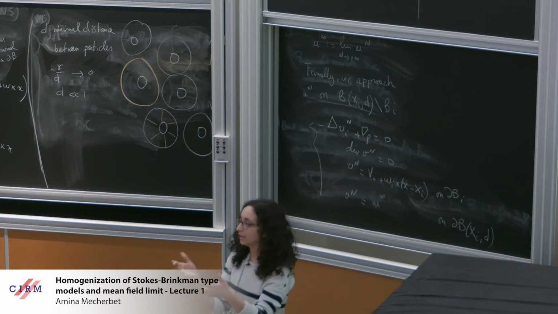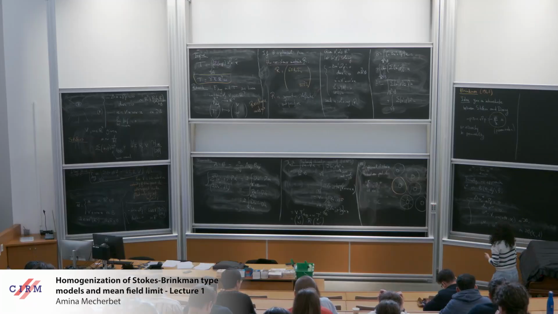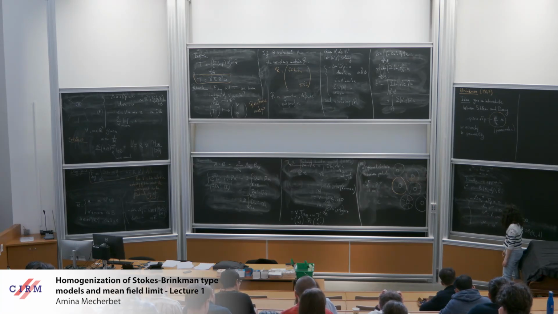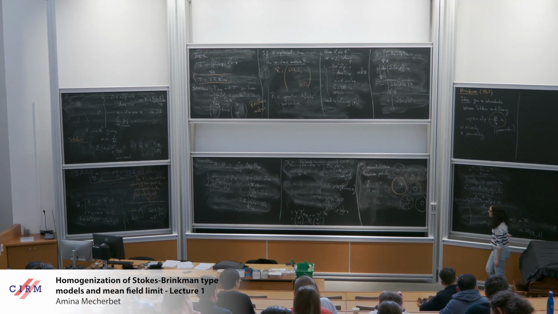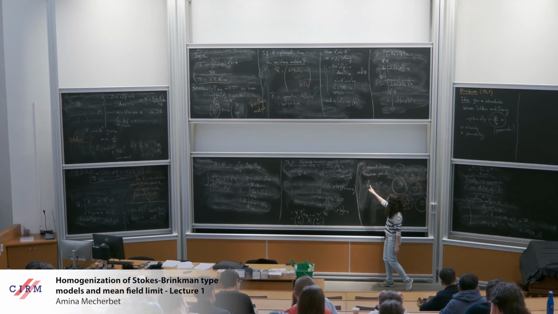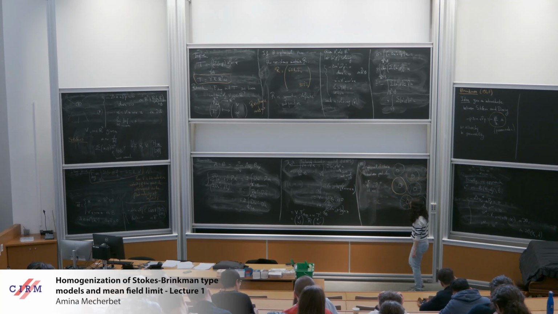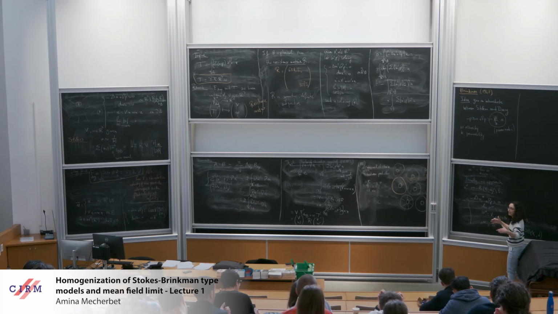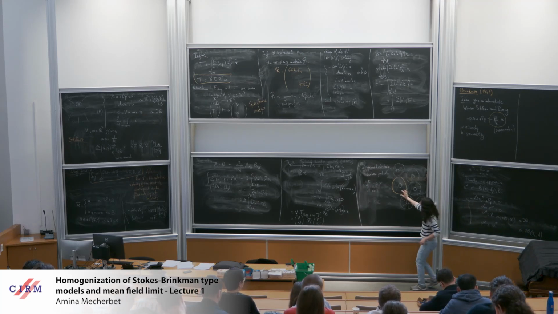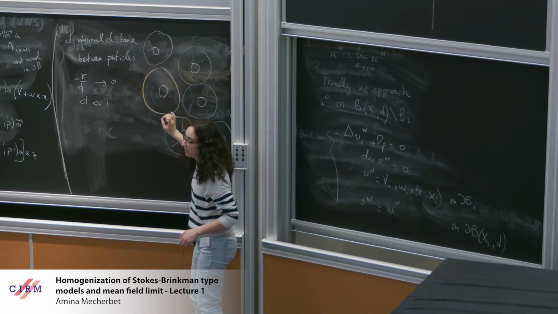So locally, we can approach what happens like this, but we can go further by simplifying this approximation by saying that since the minimal distance is quite larger than the radius, I can approach this solution on the annulus by the solution on R3 minus the ball, because the length here is quite big, actually.